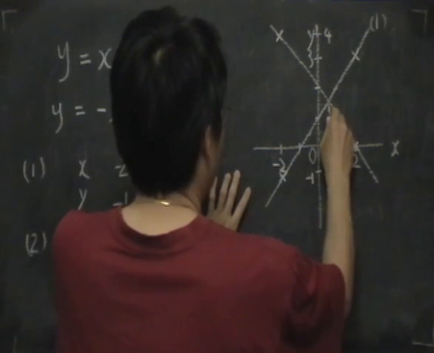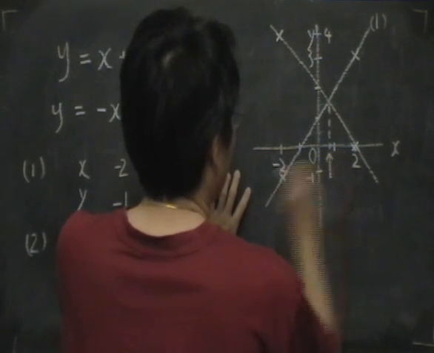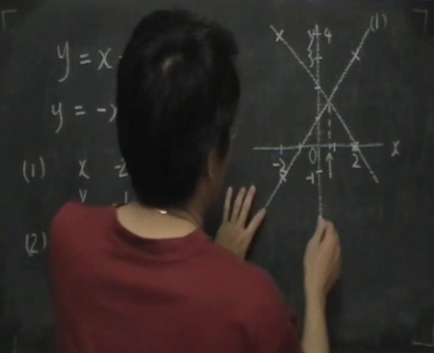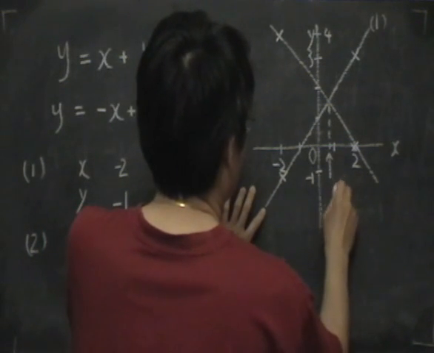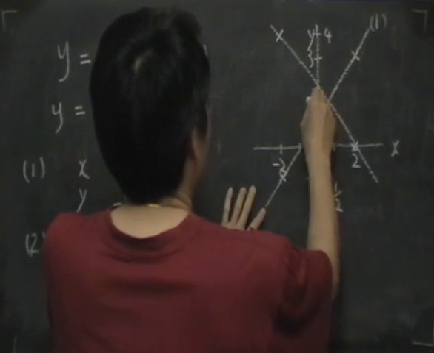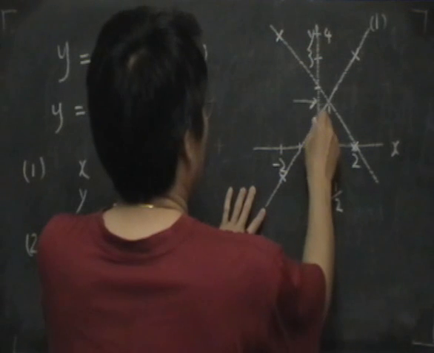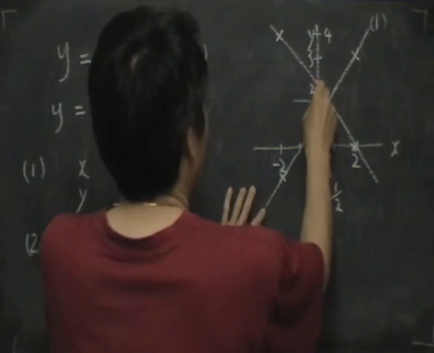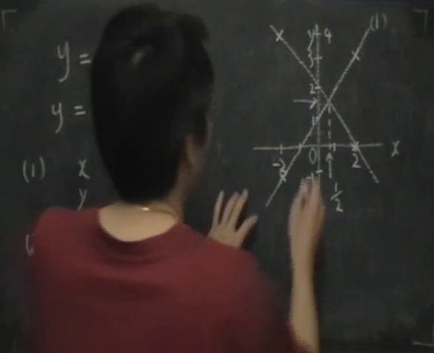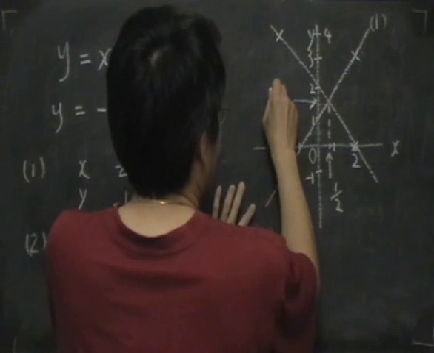The x value of that point is there. So let's say it's about half. And the y value is there. It goes 1, 2, 3. It's in between 1 and 2. So let me say it's 1.5.